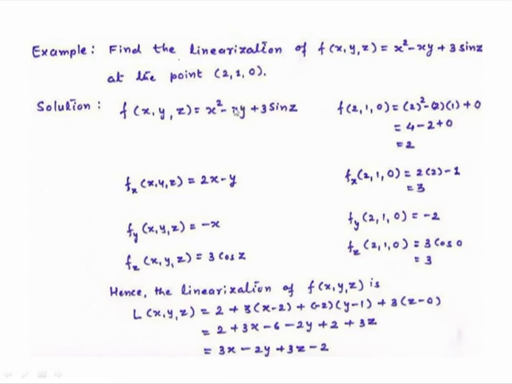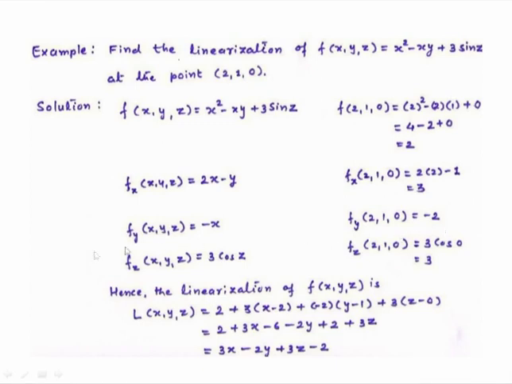This remains as it is because it is with the variable, so the derivative of y is 1 and minus x remains as it is. So we get this minus x, and the partial derivative of f at 2, 1, 0 with respect to y is minus 2.